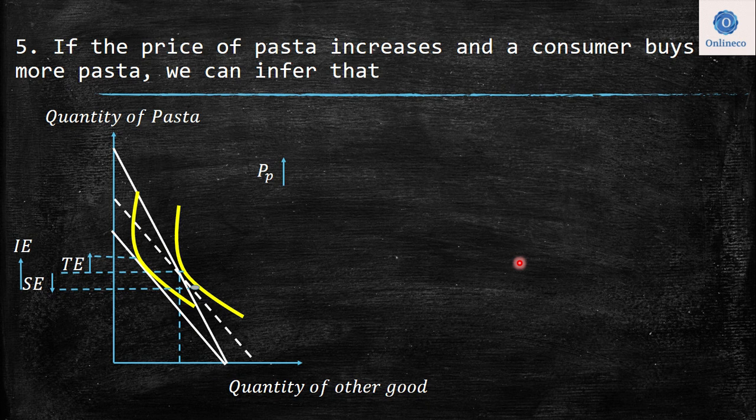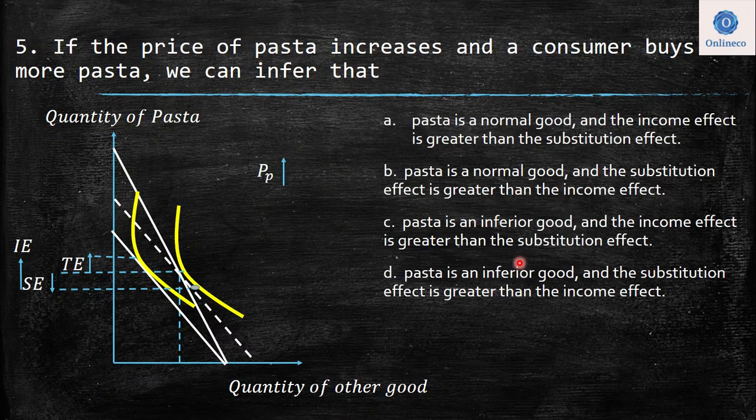So the Giffen good could be a synonym of inferior good. So we need to verify the situation in the last two options. The income effect is greater than the substitution effect. That's correct. This income effect is higher than the negative effect that we have here in the substitution effect. So this should be our answer.